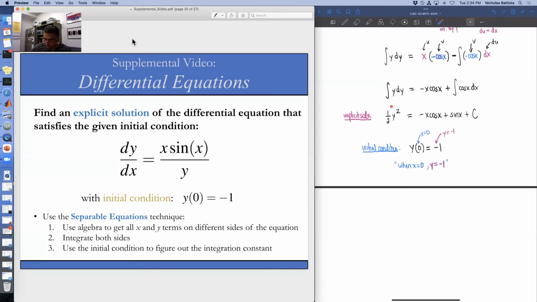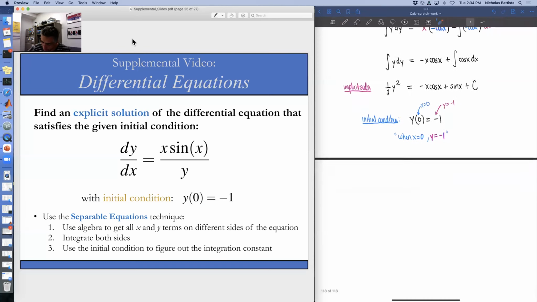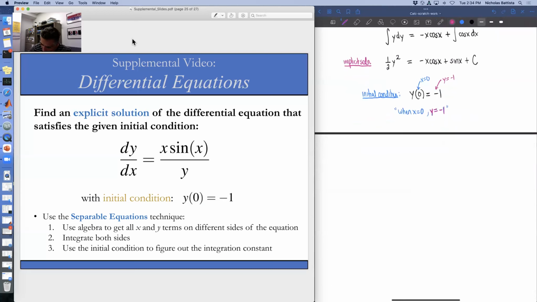The reason I'm pointing this out is because we can substitute that information into our implicit solution that we found up above. And once we substitute those x and y values, we'll get an equation where the only unknown will be c that we can solve for. So let's substitute that into the equation above. Anywhere there's a y, I will substitute a -1.